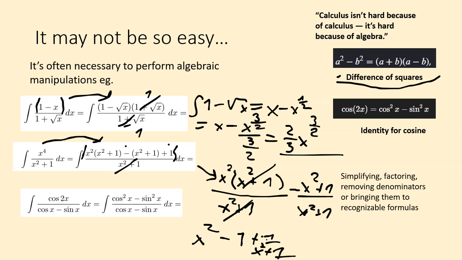Okay, then you can continue, and you will use the power rule. Now you can use the power rule, and later you see that you have x squared plus 1, so this will become arctangent based on this formula here.